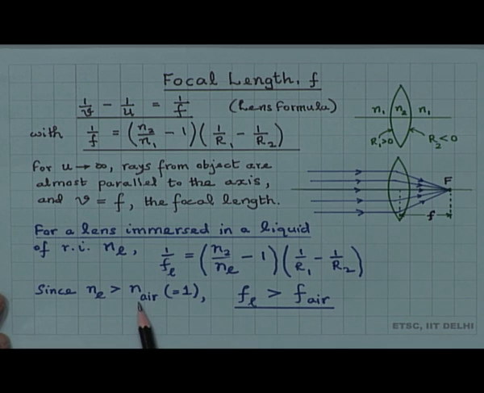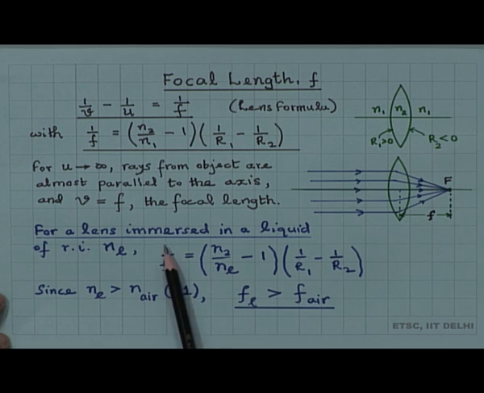So, Nl is greater than N air, therefore the focal length in liquid is greater than the focal length in air, because Nl is greater than 1, and therefore this difference is now smaller. Therefore, this quantity is smaller compared to the case of air.